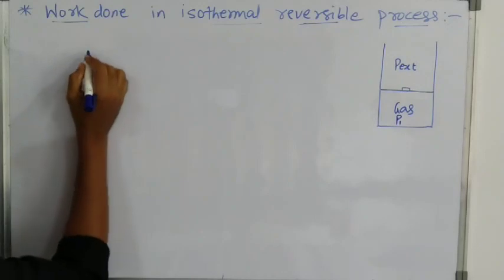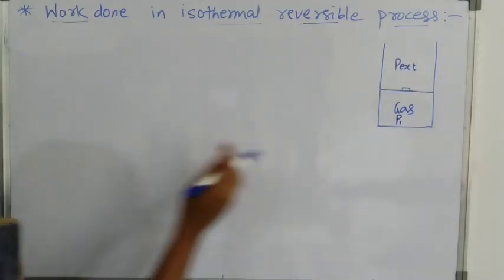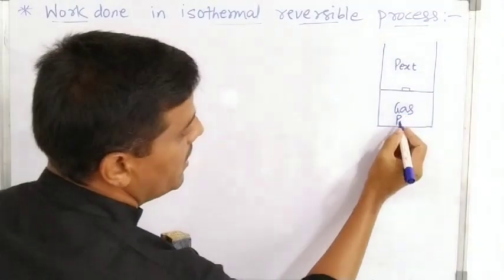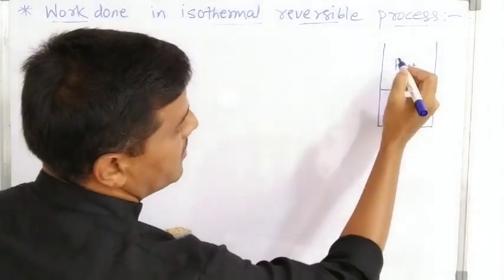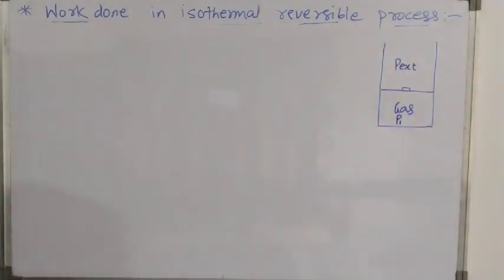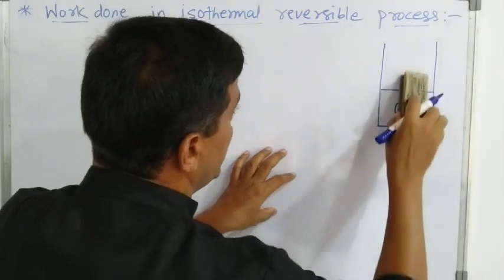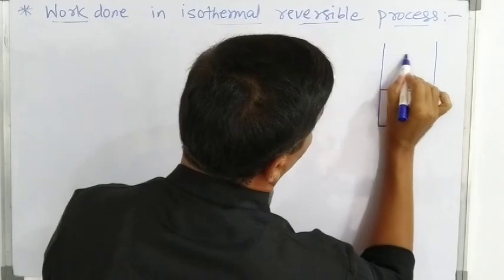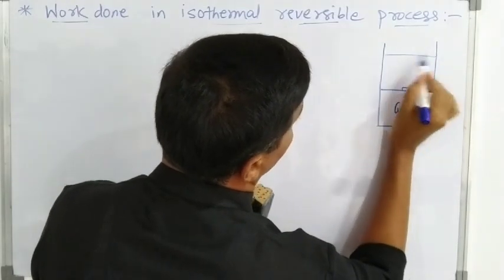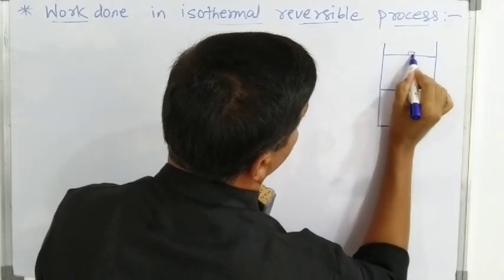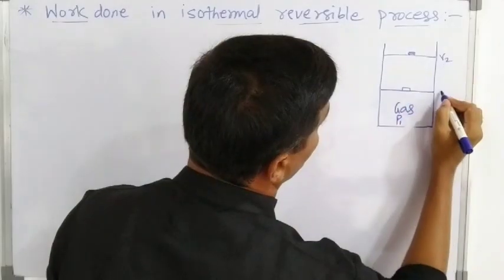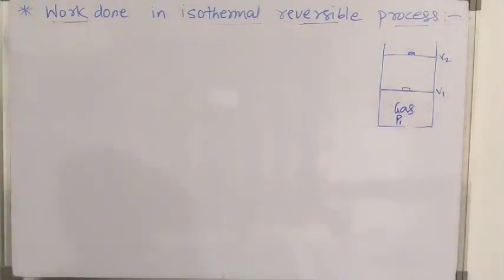Let us assume in this process the gas is filled in a cylinder having the pressure Pi, against the external pressure P1. In this way the gas expands slowly and steadily in a number of steps, n number of steps, and the gas expands from volume V1 to volume V2.